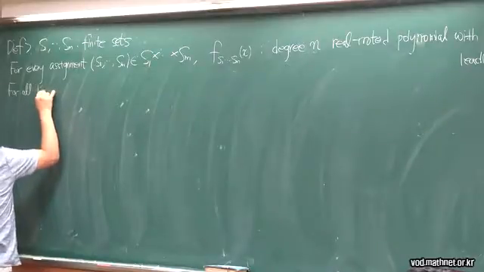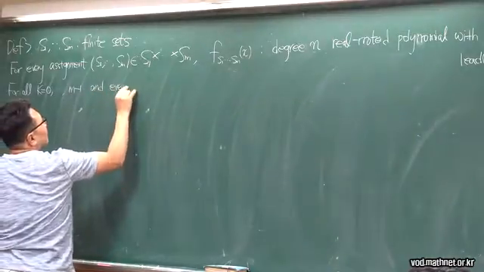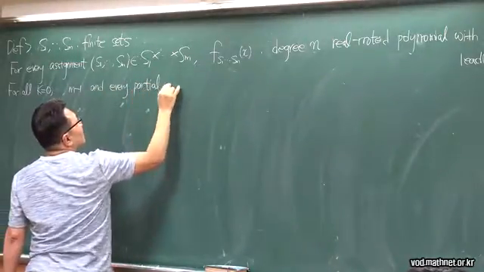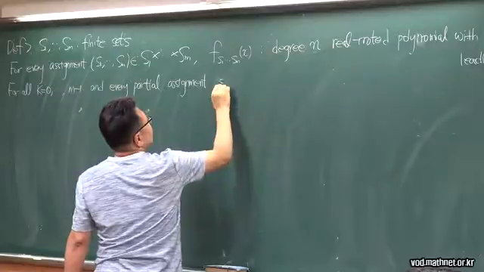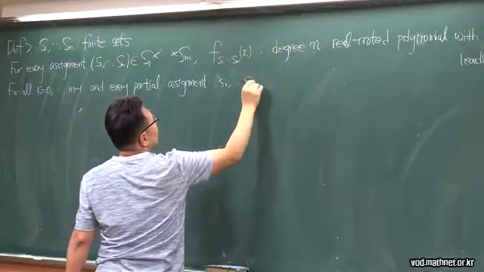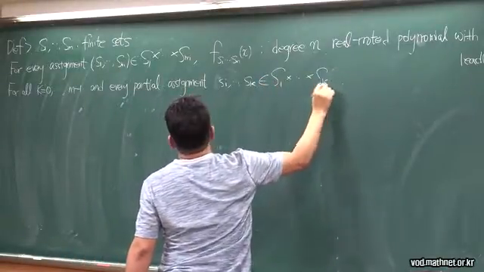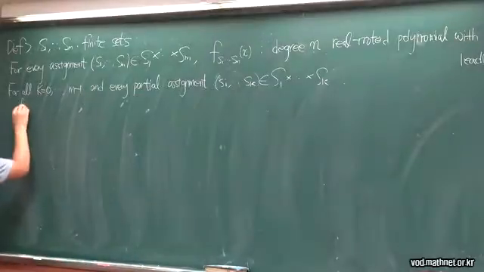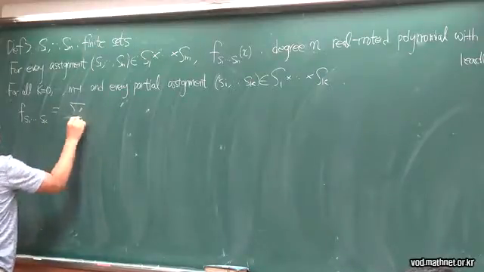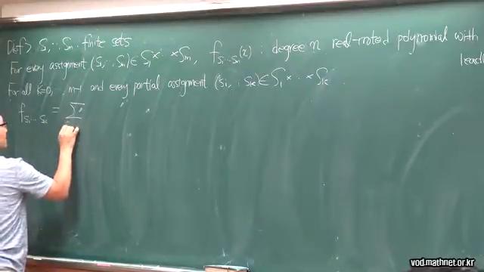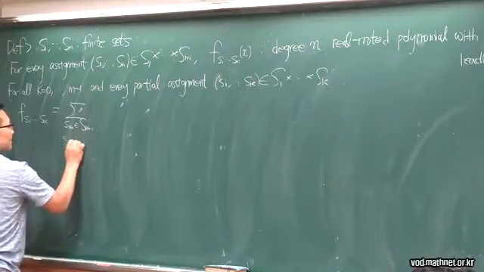For all k equal to 0 through n-1, and every partial assignment S sub 1 through S sub k here, this polynomial is defined as the sum over all S sub k plus 1 through S sub n, and here.